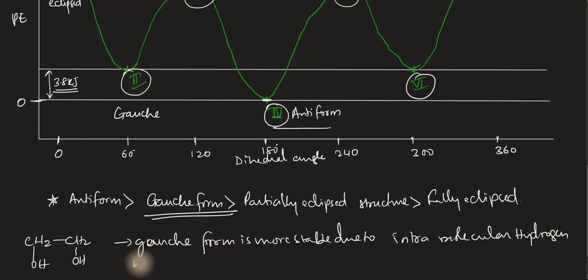Such special interactions, if we have them in a particular compound, make the gauche form more stable. Otherwise, it follows the order that the anti form is more stable, then gauche, then partially eclipsed, then fully eclipsed. So that's about conformations of butane, and that's it for the video.